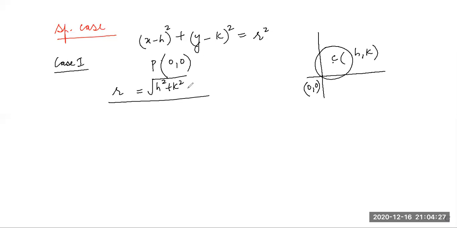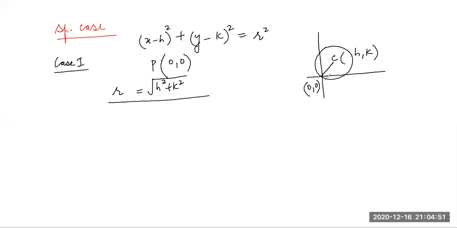Girls, have you understood? r is CO. O is at the periphery. CO or this or this or this, all are radii of the circle. C is (h, k) and this point is (0, 0).